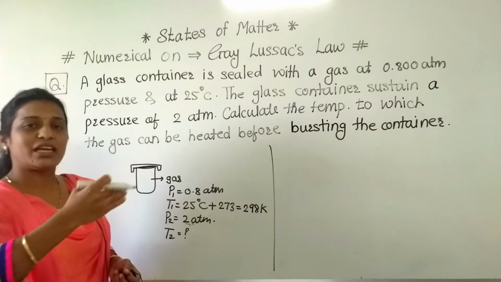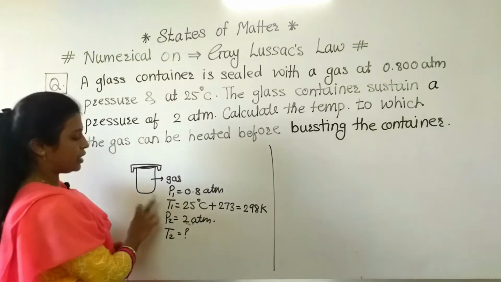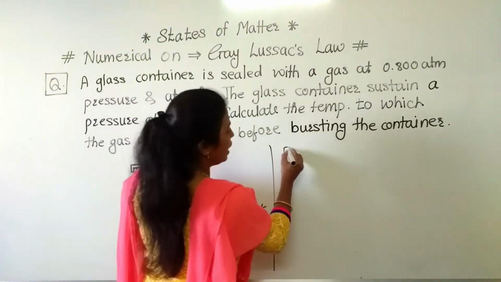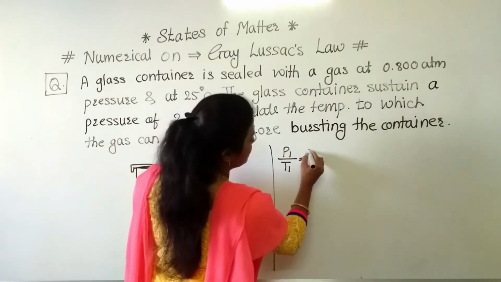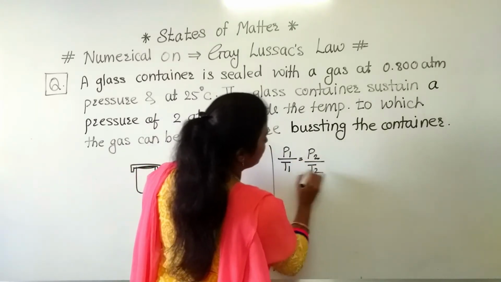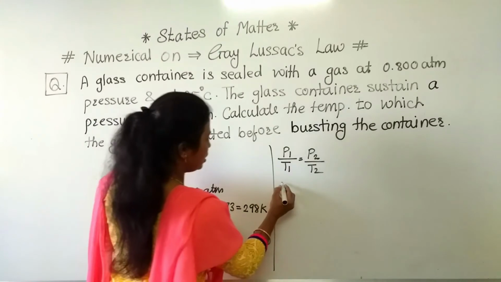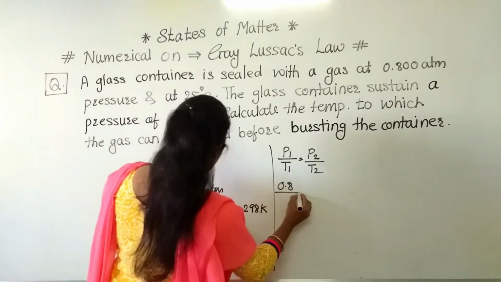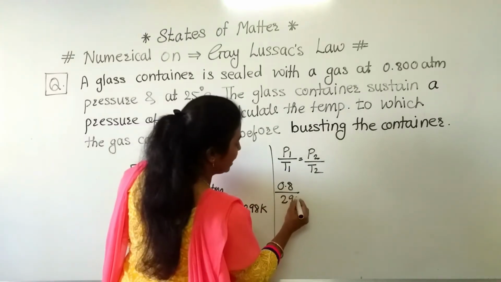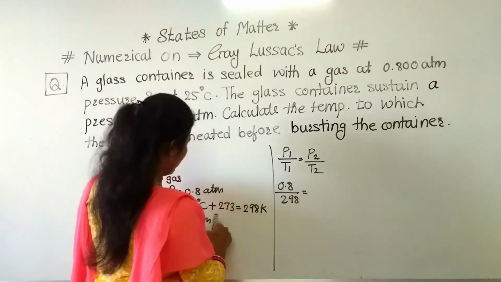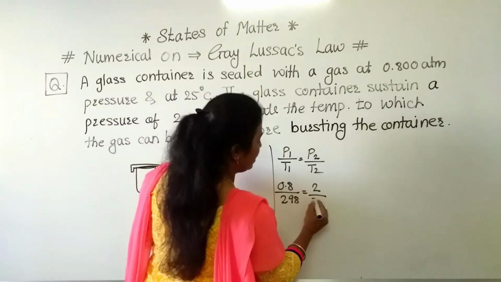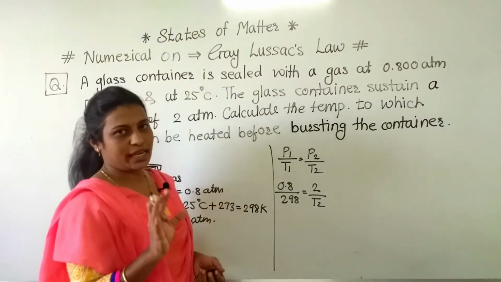Only there is a change in pressure and temperature. Now see, our formula is P1 upon T1 is equal to P2 upon T2. If we put all these values, 0.8 divided by 298 is equal to P2, it is 2, divided by T2. That means here you can write X also.